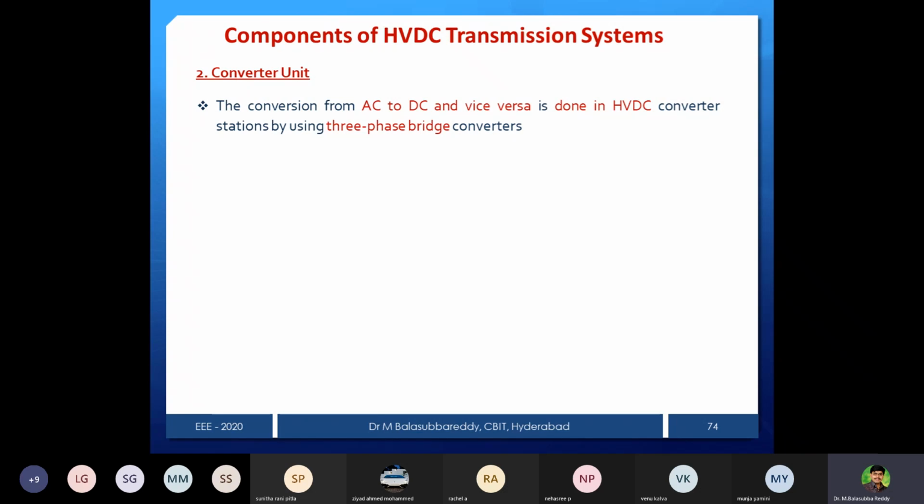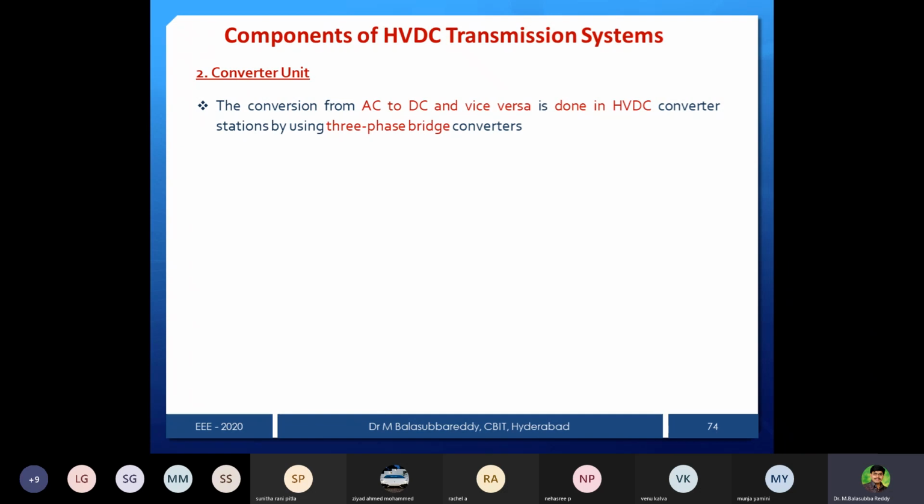In the olden days, in some cases they would convert an existing AC system into DC, based on whether it is a healthy line or a weak line. You find the short circuit ratio and can conclude whether the AC line is healthy or weak. All these factors are considered to decide whether to convert or not.